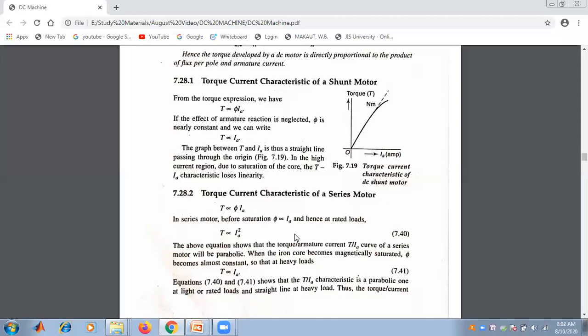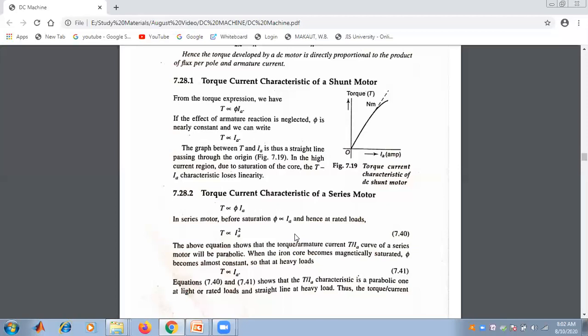So in case of the DC shunt motor, torque is proportional to Ia, that means it is a y equal to mx graph.